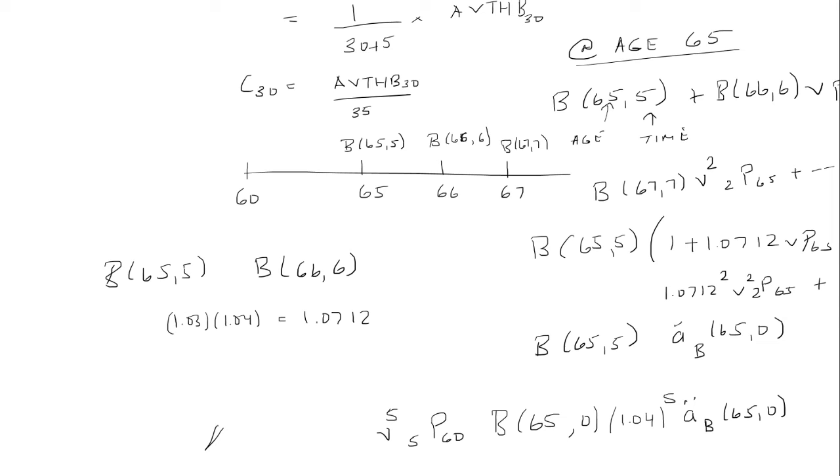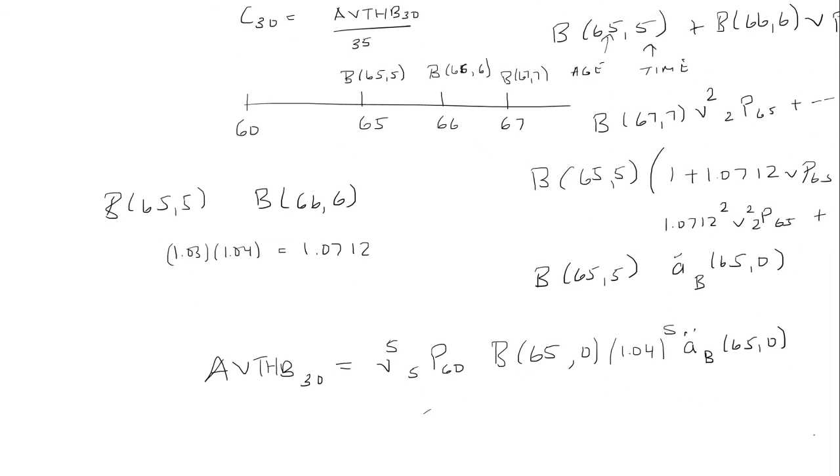So this is the AVTHB sub 30. And we have all these values. Okay, so v to the fifth is the interest rate, discounting it back 5 years. Survival, we can get that from the Standard Ultimate Life table.